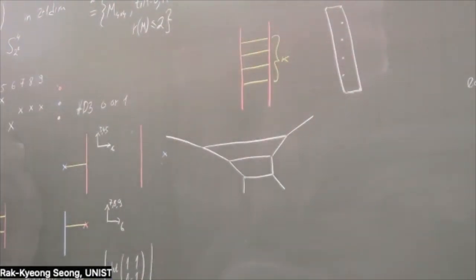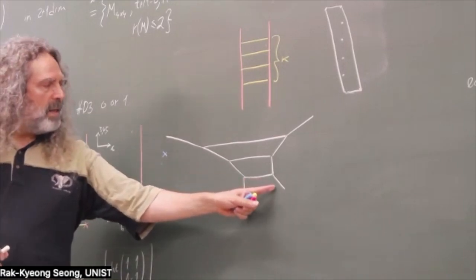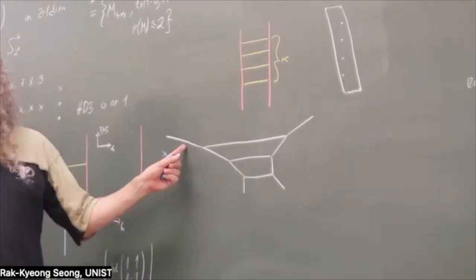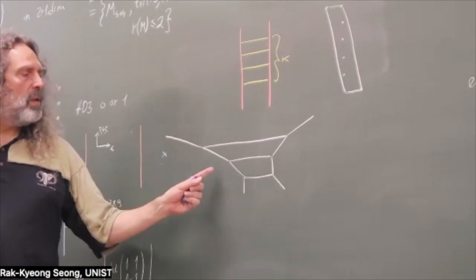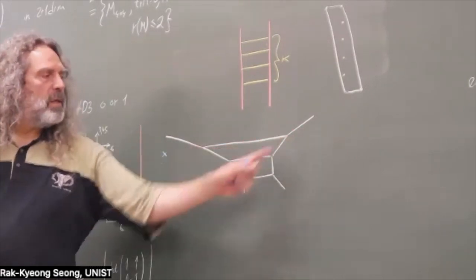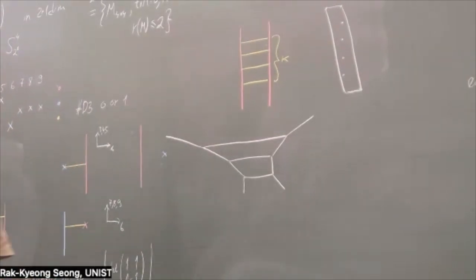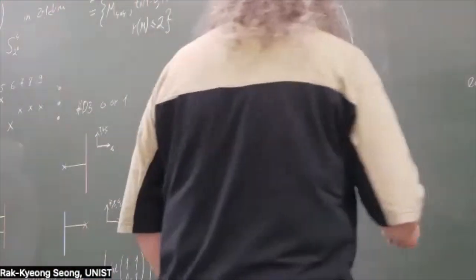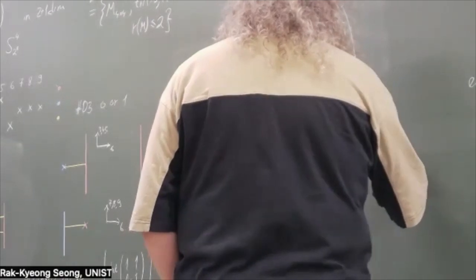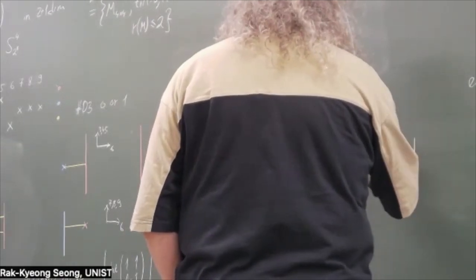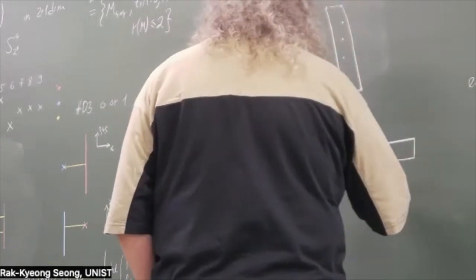Now, let me take the case where the configuration is such that this line is parallel to this line. There's one out of many cases where this line would be parallel to this, and this line parallel to this. I think it will look like two inverted trapezoids. Let me see if I can draw it.